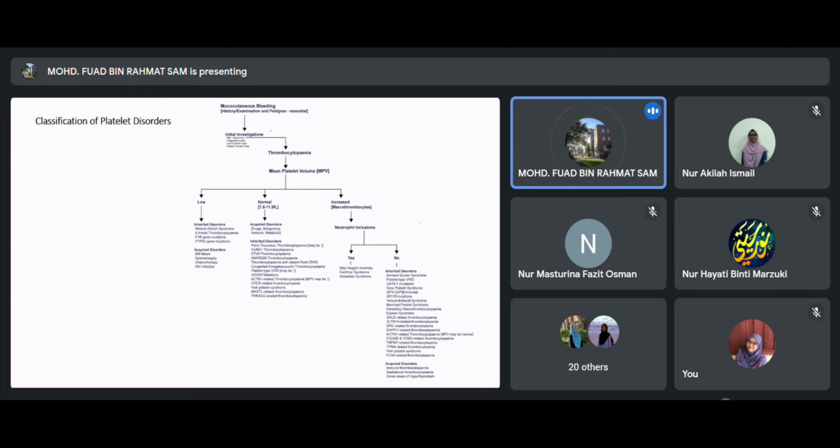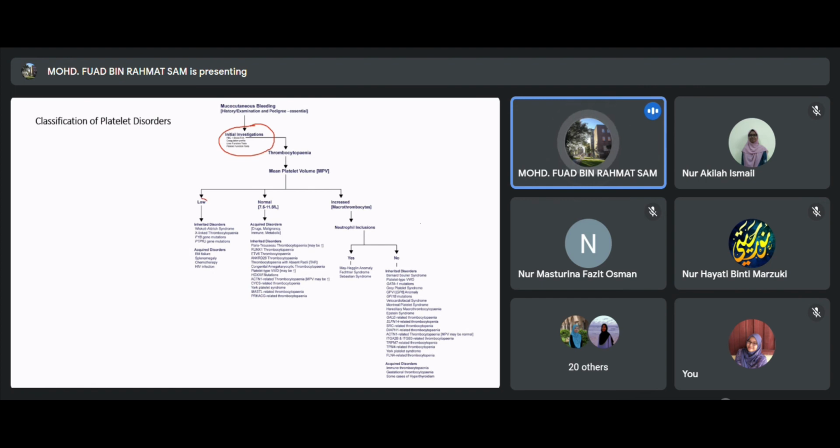Okay. So kalau ada mucocutaneous bleeding, so usually initial investigations involve the FBC, full blood count, and then mungkin akan proceed dengan blood film, coagulation profile, liver function test, and platelet function test. And kalau after the initial investigation berlakunya thrombocytopenia, which is a condition in which you have a low blood platelet count, kita akan proceed dengan mean platelet volume.